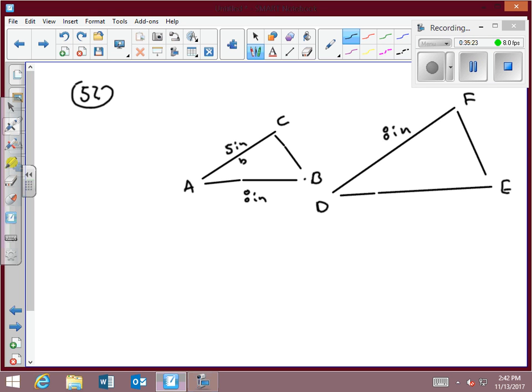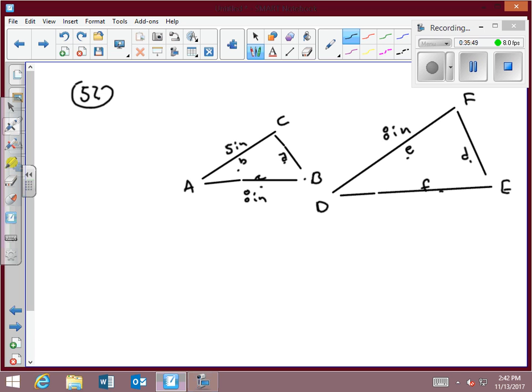So this is side B, this would be side A, and this would be side C. This would be side E, this would be side F, and this would be side D. Notice that E and B are proportional, D and A are proportional, and C and F are proportional. That's the way they're drawing.